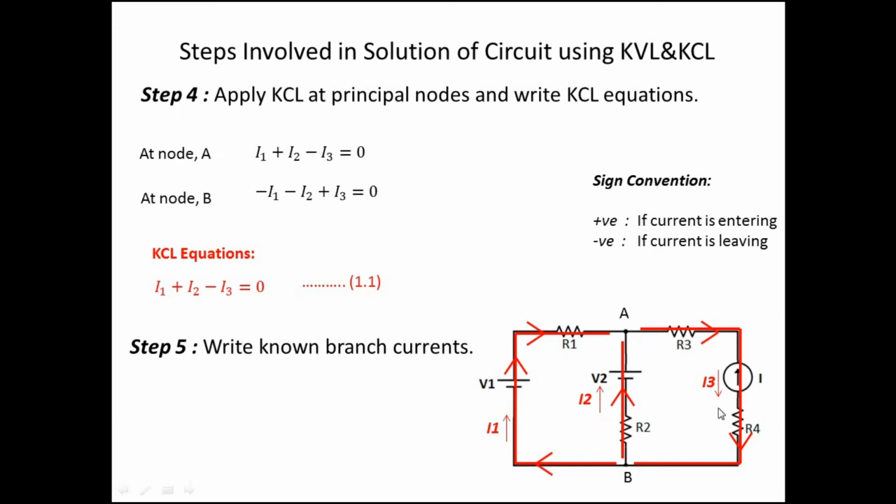Next step is, we have to write the non-branch currents. Looking here, the branch currents are I1, I2, I3. Out of these, I3 is this branch current.